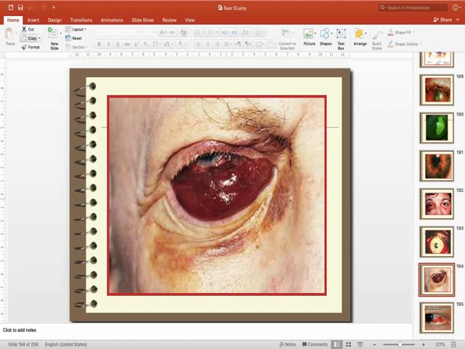I mean, to systematically examine the eye, starting from vision, pressure, pupil, motility, anterior segment, and posterior segment.